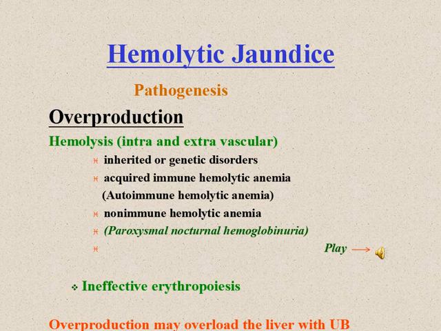Then non-immune hemolytic anemia. Non-immune hemolytic anemia is a rare acquired syndrome. An example is paroxysmal nocturnal hemoglobinuria.